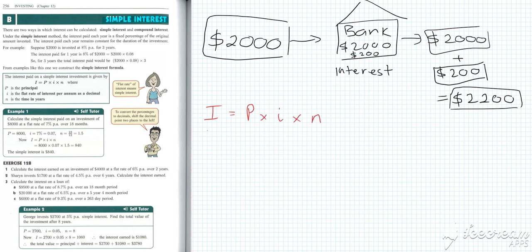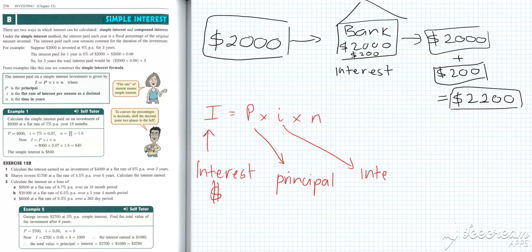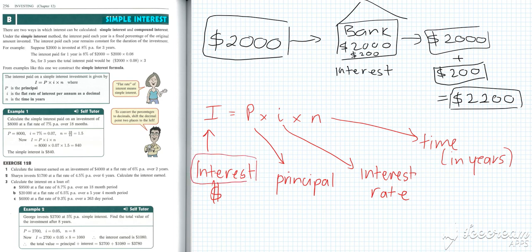So here's our formula, and it's really important you copy this down, and we are going to talk about what each of these words mean. Our formula says that the interest dollars that we get paid is equal to the principal.